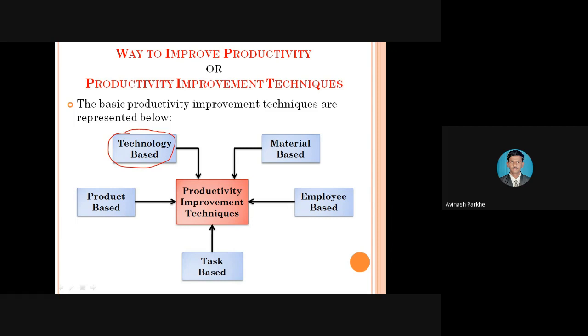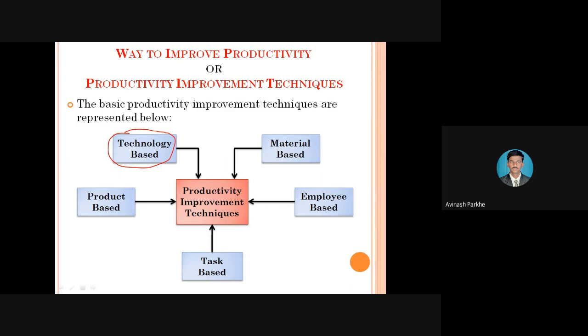But if I implement the CAD facility, minimum errors take place, or there is minimum risk in performing all types of operation. Therefore, if I implement the computer aided design facility, your productivity can be increased.